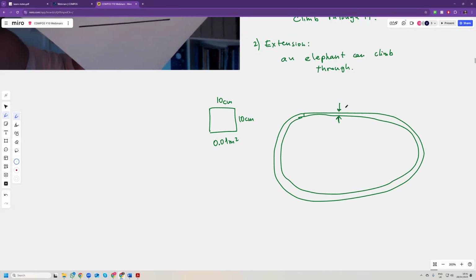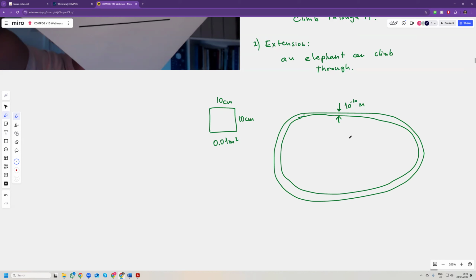Yeah, Ben, you're onto something. And James, yes. The size of an atom is 10 to the minus 10 meters.